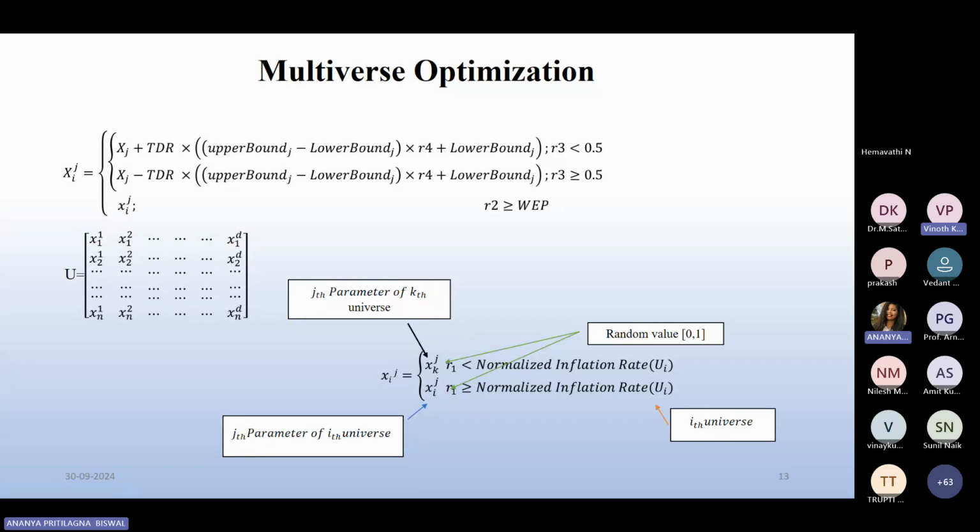In the other case, where random number 3 is more than or equal to 0.5, xj minus TDR multiplied by (upper bound minus lower bound) into random number r4 plus lower bound.